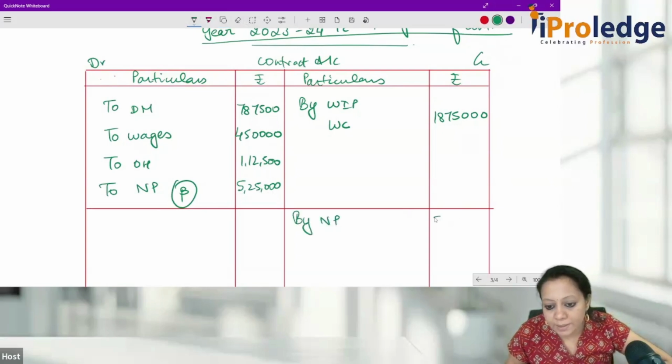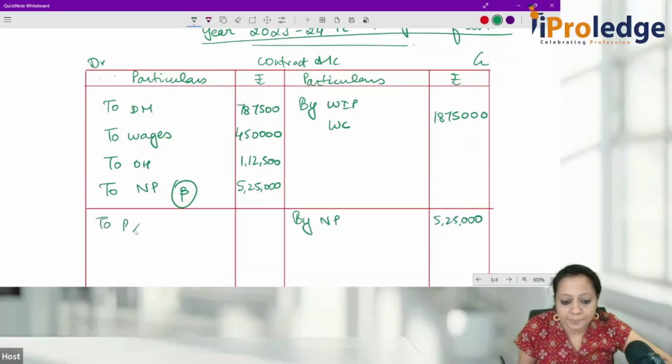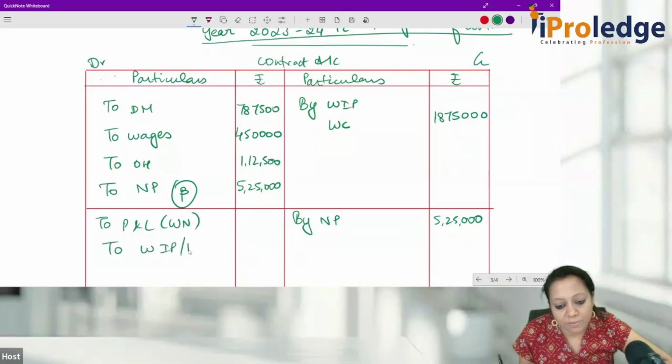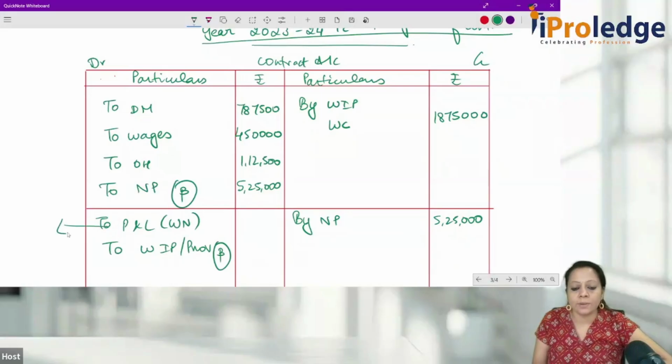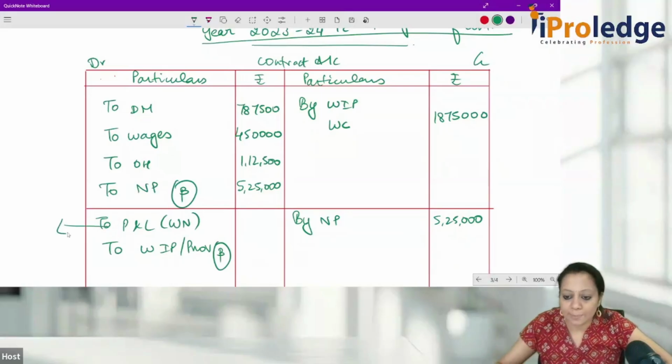By notional profit, 5,25,000. To P&L, working note. To WIP or provision. That is always a balancing figure. So let us see how to do this working note.